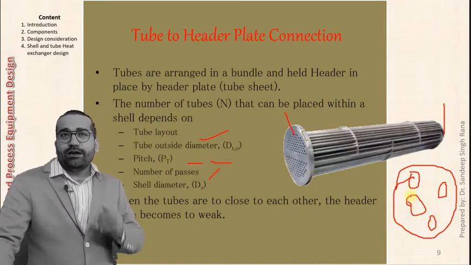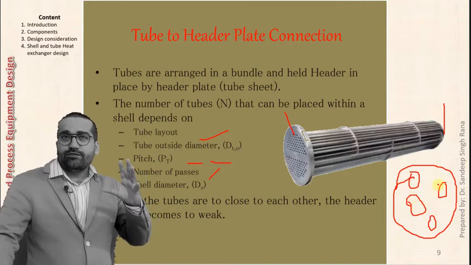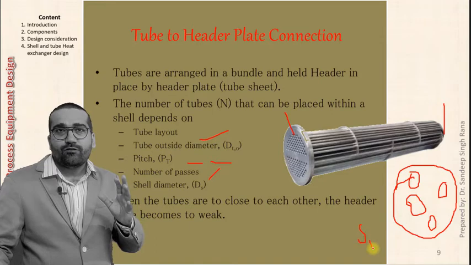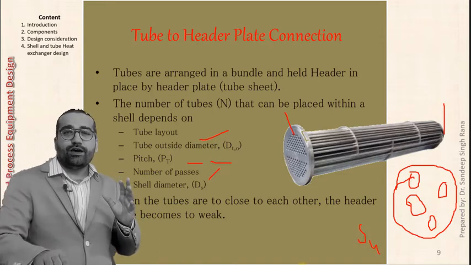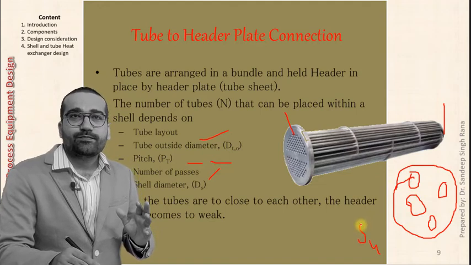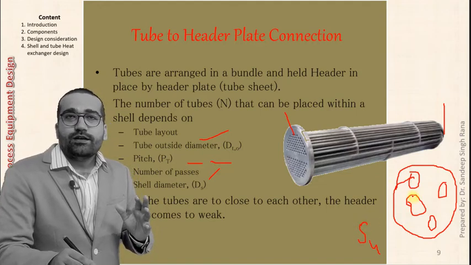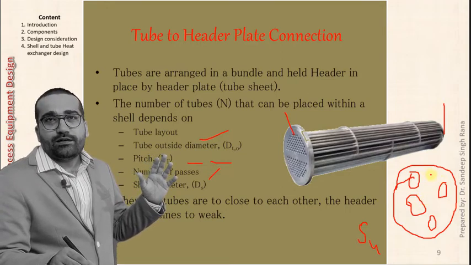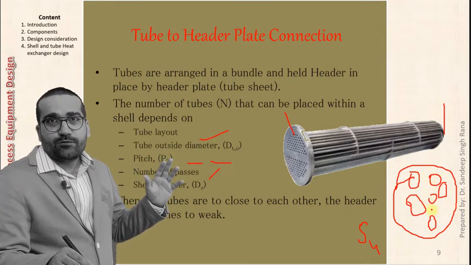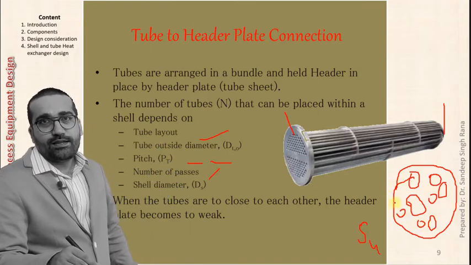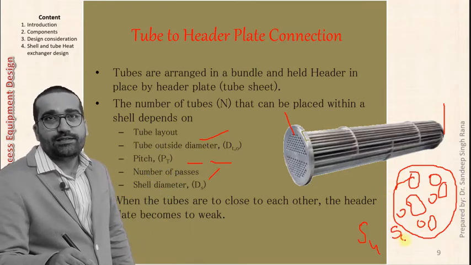At that time, we make 4 holes. Then their strength will be S4. Now, if we make 4 more holes, space for 4 more tubes, then the strength will be S8.